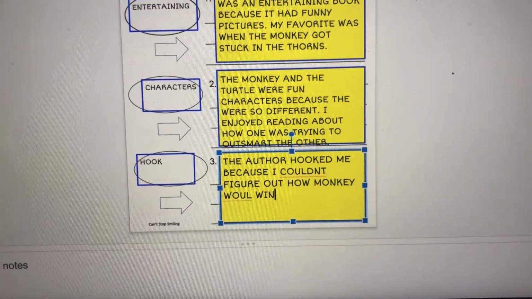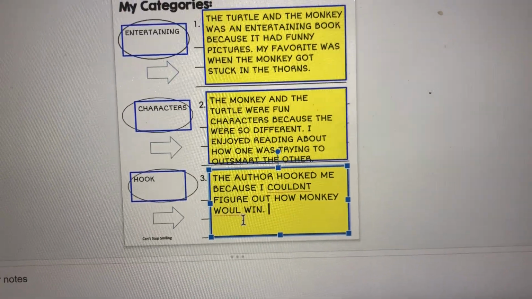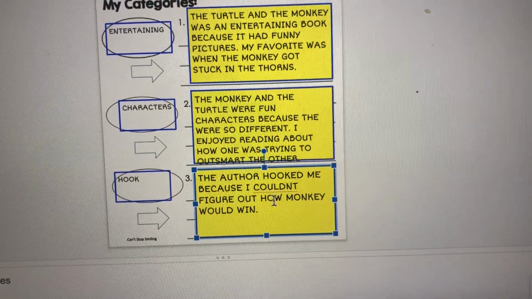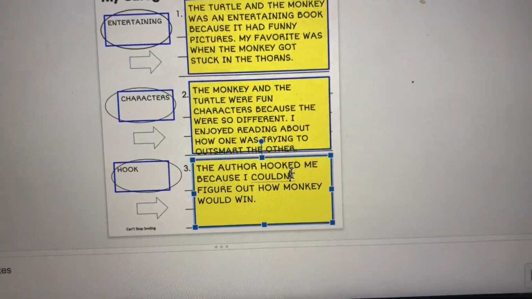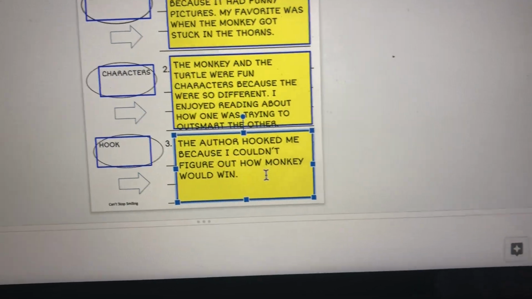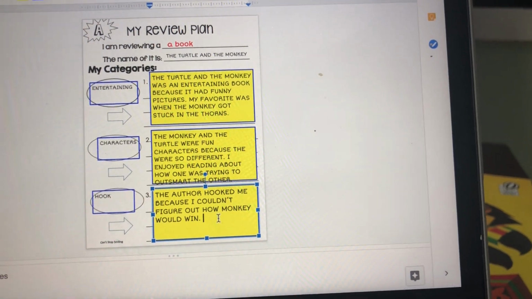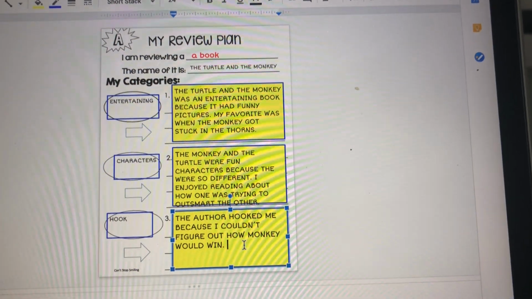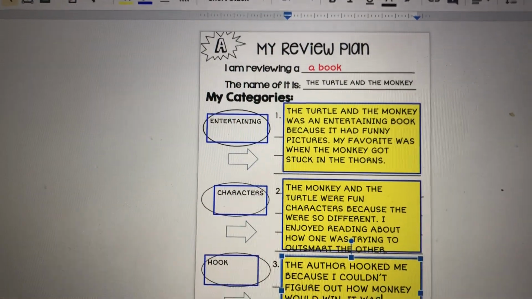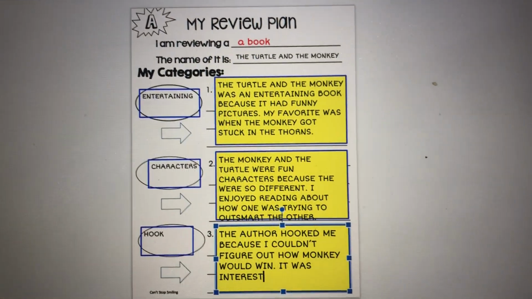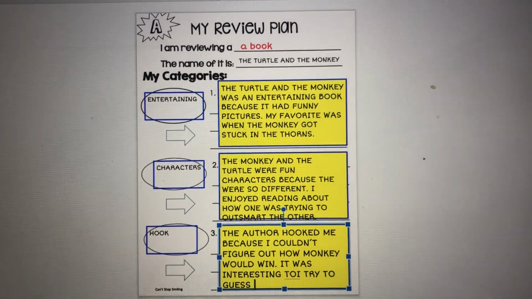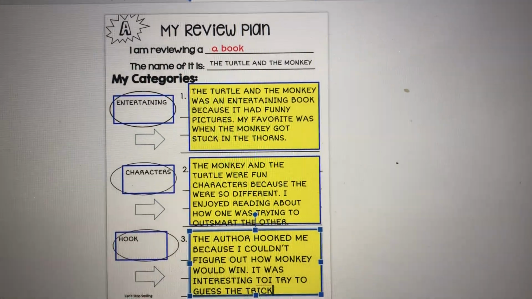So remember how in folktales, we always know one characteristic is that there's always somebody that's the trickster. There's always the one that's going to win. And I couldn't figure out how it was going to be Monkey. So that was kind of like a surprise for me. It kind of got me going, okay? It was interesting to try to guess the trickster.